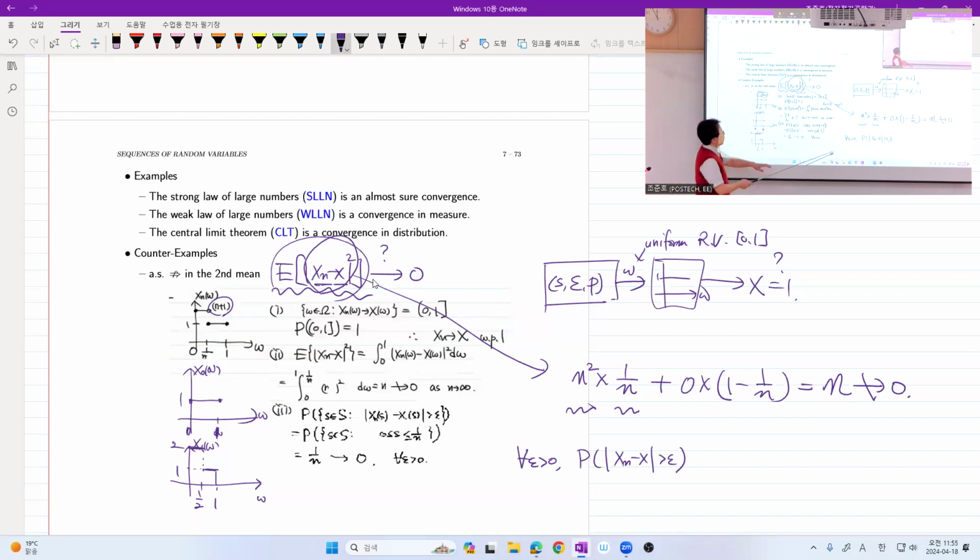The problem is that this sequence value depends on epsilon. So let's take a specific epsilon, very small, 1 over 10 to the million. Now, what is this value?